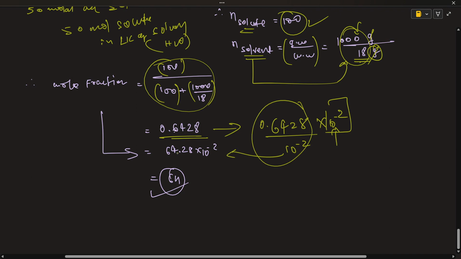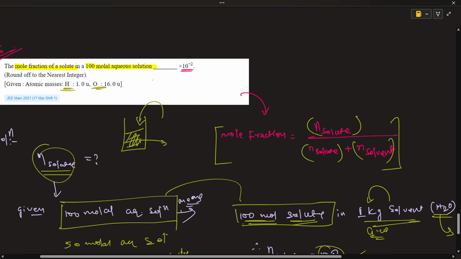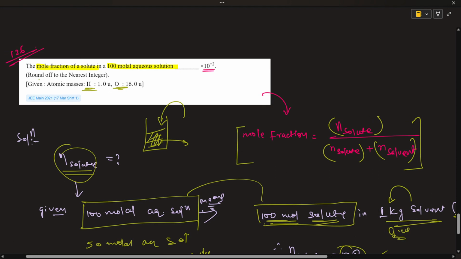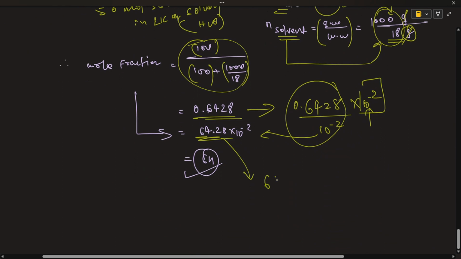Don't solve this part. After solving this part, you will get 64.28. This is an integer type question, which means you have to type the answer in integer format, because it is given to round off to the nearest integer, so there should be no decimal. So let's suppose this is 64.28.